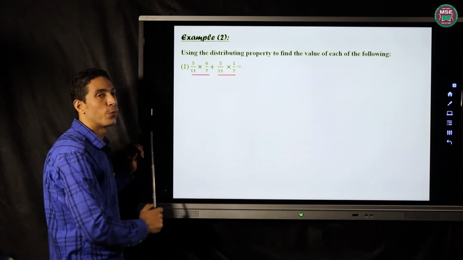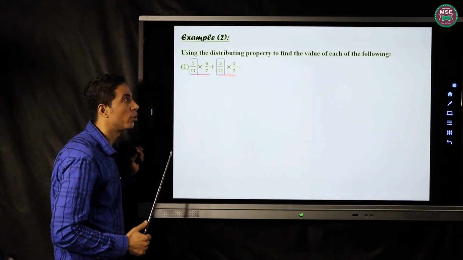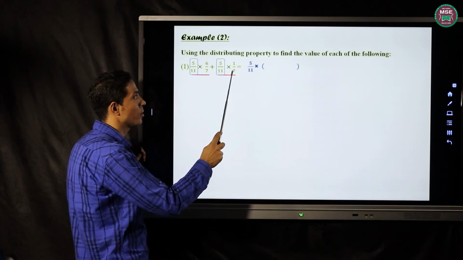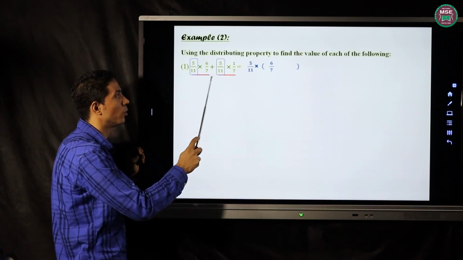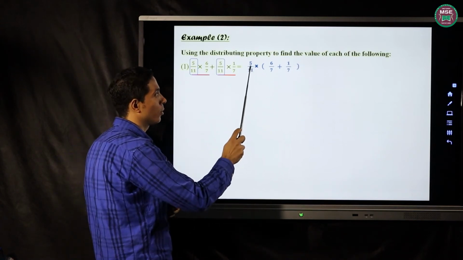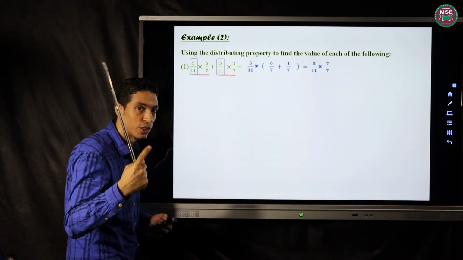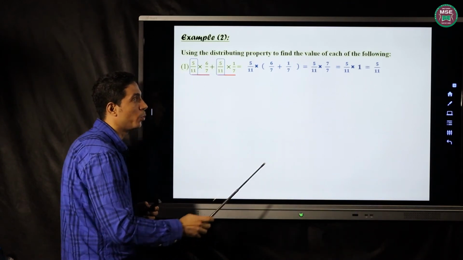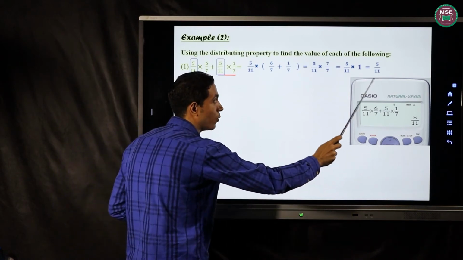We take the repeated fraction, which is 5/11, and write it only one time, then multiply, then open a bracket, and take the fractions 6/7 plus, because the sign between these two terms is plus, 1/7. This equals 5/11 times (6/7 plus 1/7), which equals 7/7, which equals 1. Then 5/11 times 1 equals 5/11. We can check the answer by calculator, and it equals 5/11.